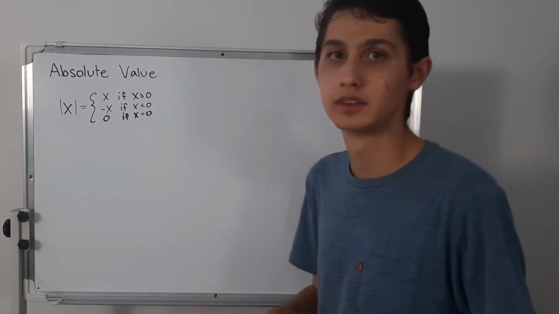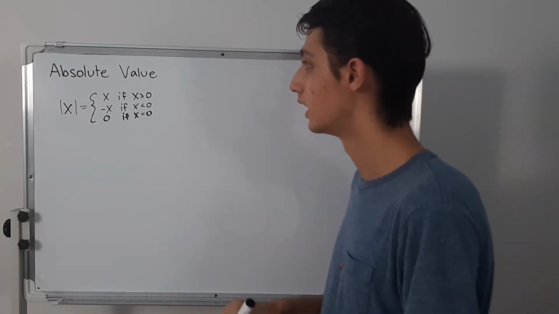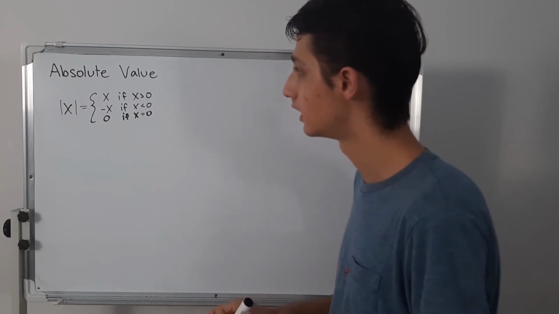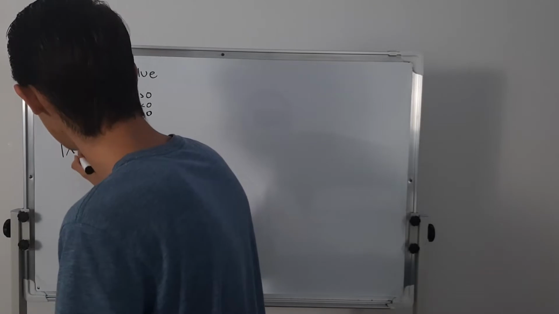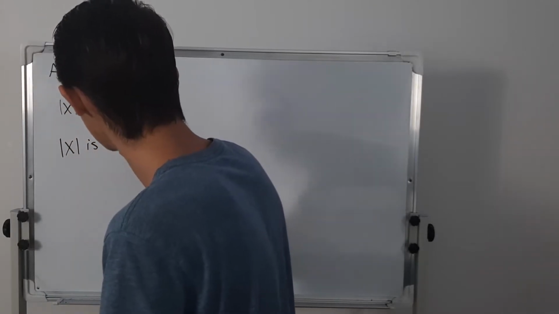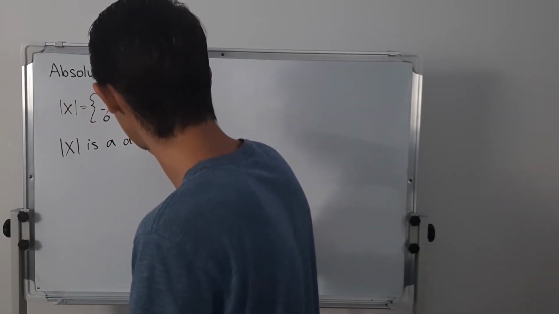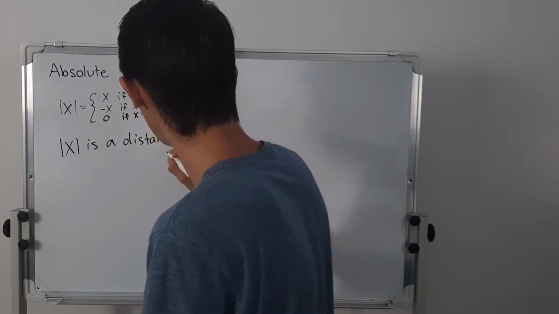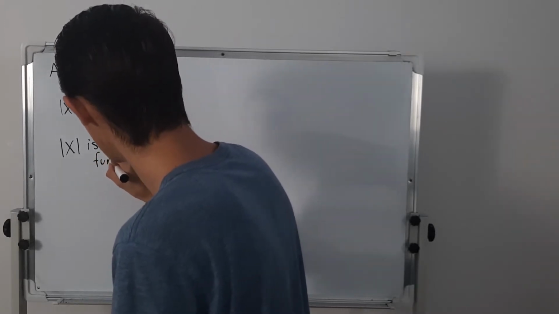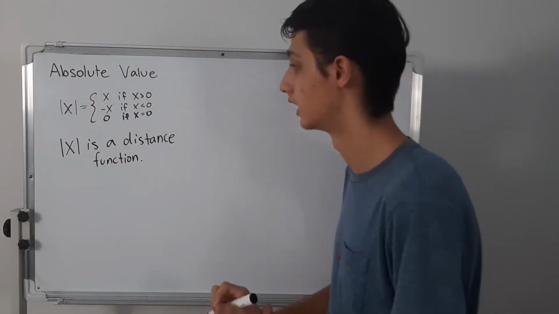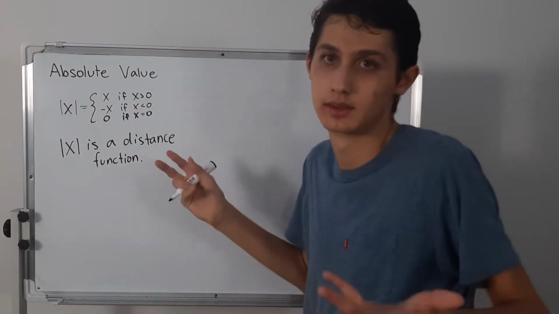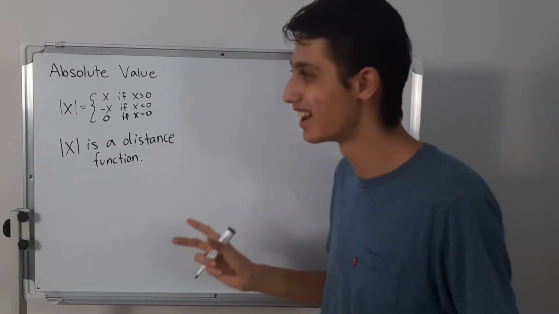There are many different ways to do it, but really what I want to bring to you guys today is to talk about how absolute value is a distance function. All right, it's a distance function. I'll just put it down here. This is the idea I really want to emphasize today. You might be like, oh yeah, I already know that. I mean, I already know the whole video. Not quite.